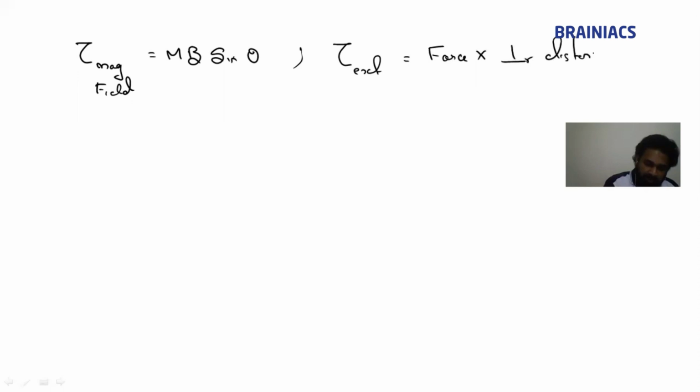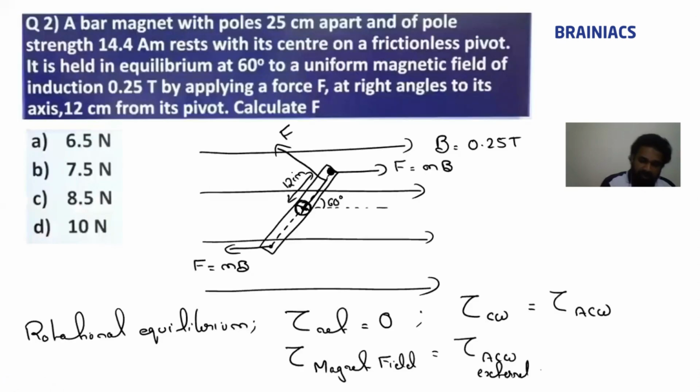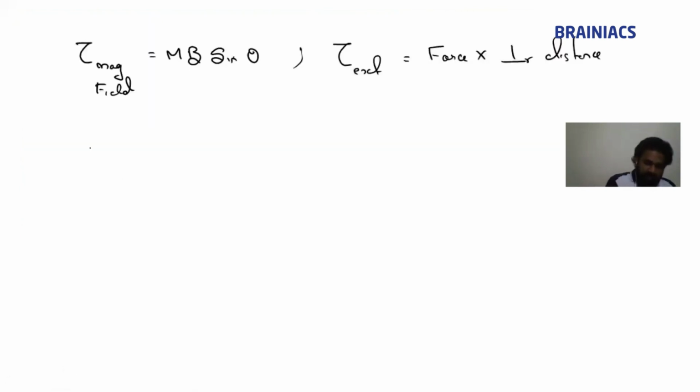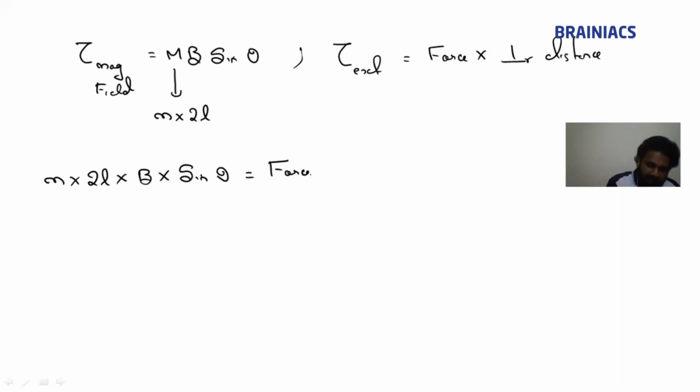Here perpendicular distance is 12 centimeter. So equating all of them, this magnetic moment is nothing but m into 2l. So let us put everything. m into 2l into B into sine theta is equal to force into the perpendicular distance.